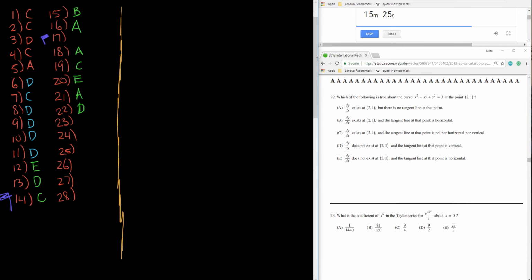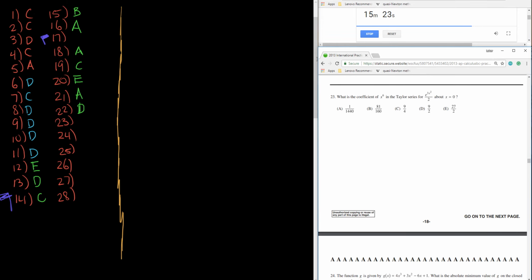Okay, perfect. 23: what is the coefficient of x to the 6th in the Taylor series about x equals 0? Here we have a function. Every time we take the derivative, we're going to have to find a pattern, although we can also just brute force the derivative. So we get the derivative of the top, which is 6x times e to the 3x squared.